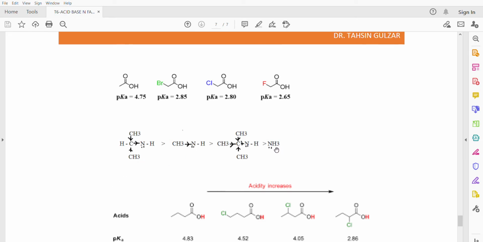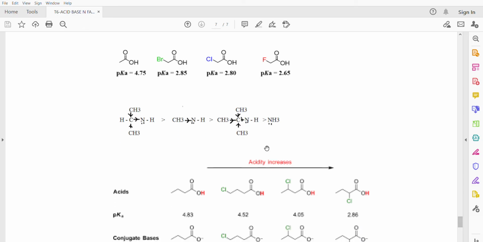And here we see basicity. Ammonia is less basic than primary or secondary amines, and more basic than tertiary. The factor here is how basic it is, that is, its tendency to donate a lone pair.